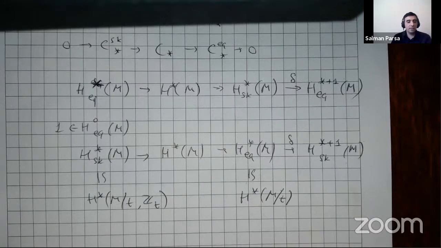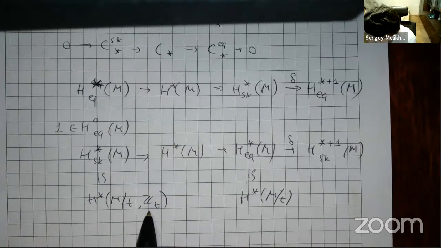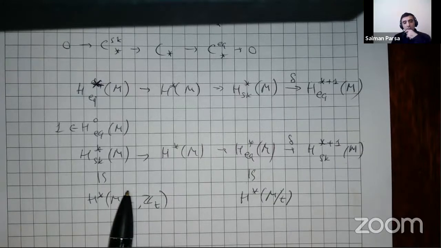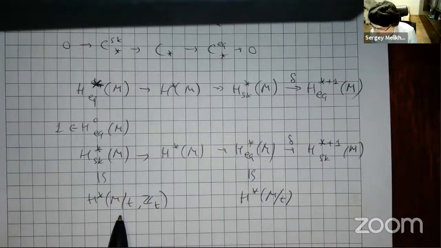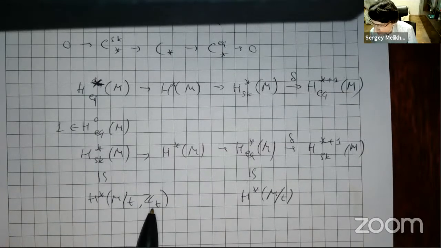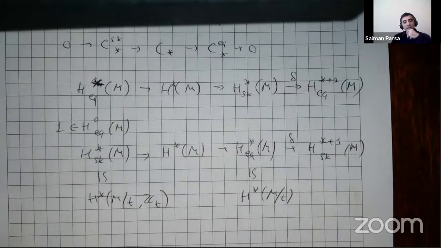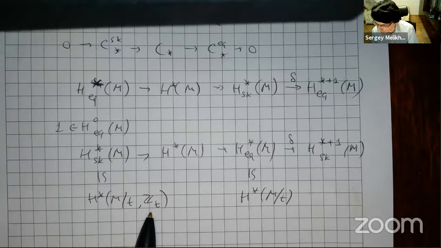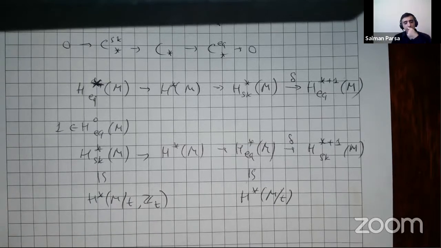What is this Z_T? It is the twisted coefficient, like a locally constant system, so that when you go around a loop which doesn't lift to M, the sign changes. Twisted integers, twisted by this involution. It's a local coefficient system.